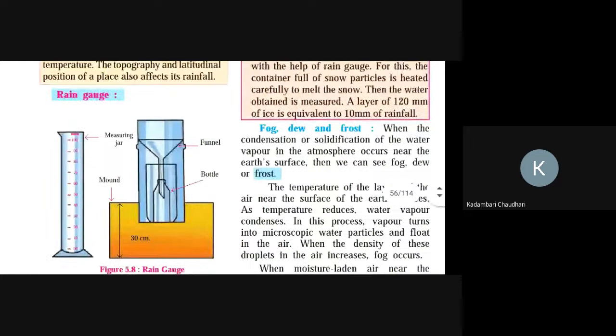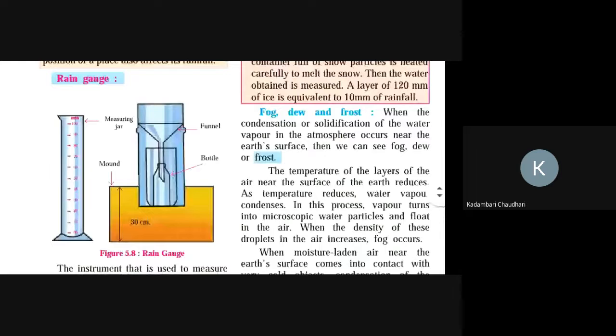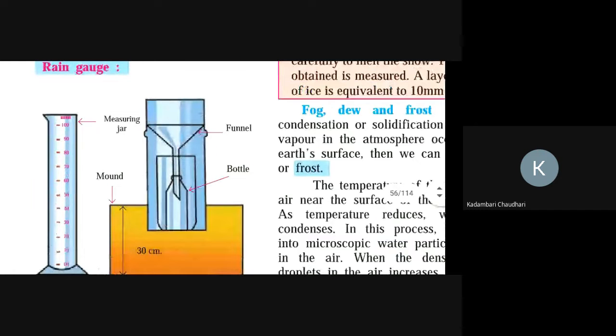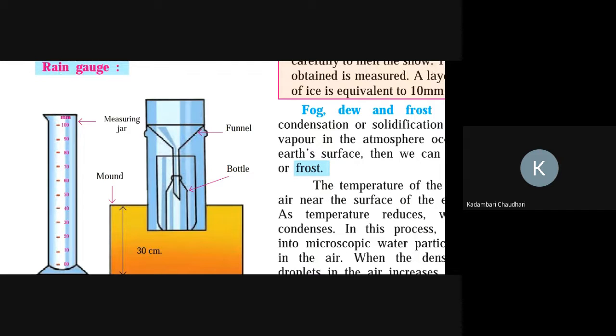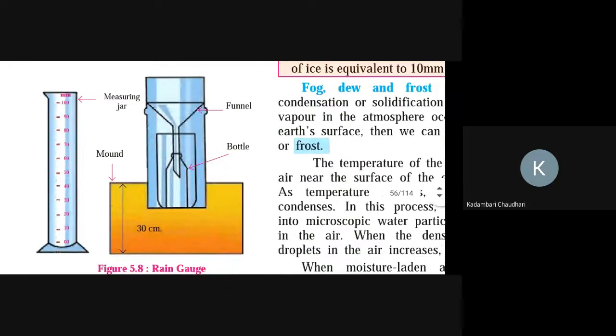Basically, there is one particular arrangement: one funnel and one bottle, and the funnel is placed on the bottle. When it rains, the raindrops go through the funnel and are collected in the bottle, and we measure that water in a measuring jar.